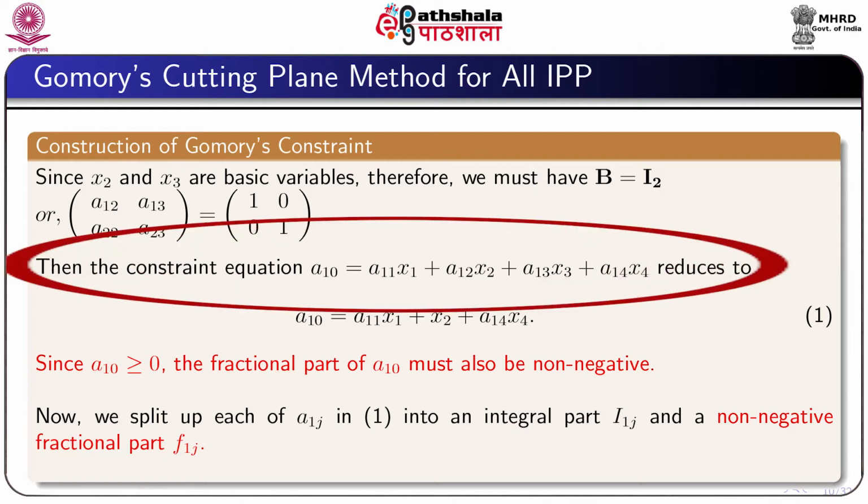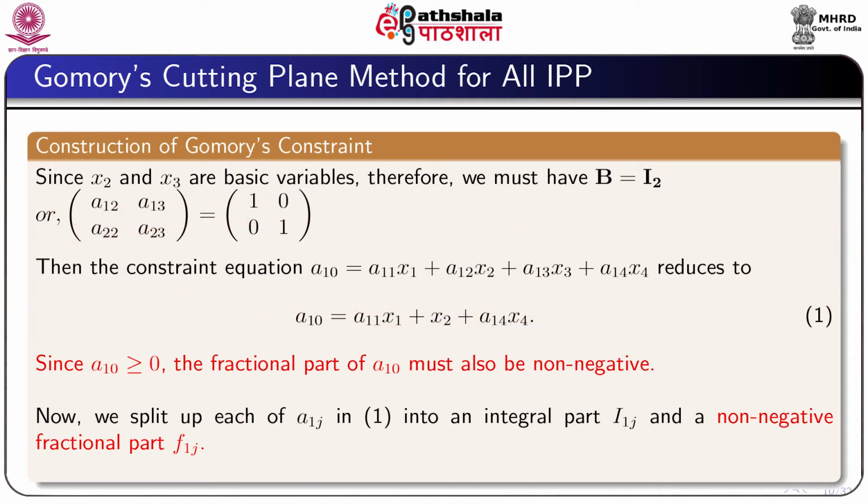Therefore, the constraint equation A10 is equal to A11 x1 plus A12 x2 plus A13 x3 plus A14 x4 reduces, if we put the values of A12 and A13, to A10 equal to A11 x1 plus x2 plus A14 x4.